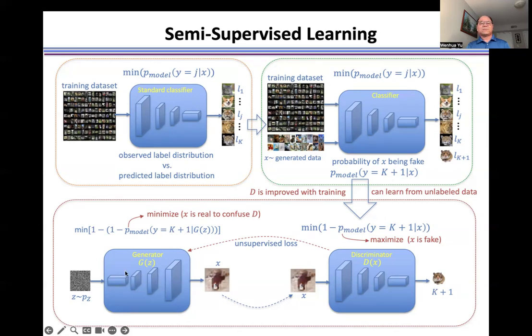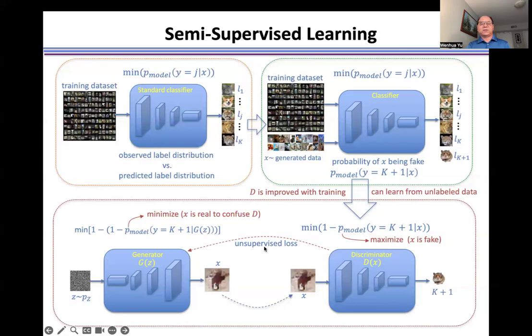First, generator G maps the noise vector Z into a new distribution X. And then we use X as the input to the discriminator to predict the probability of X being fake by minimizing this loss function, namely maximizing this conditional probability of k plus 1.